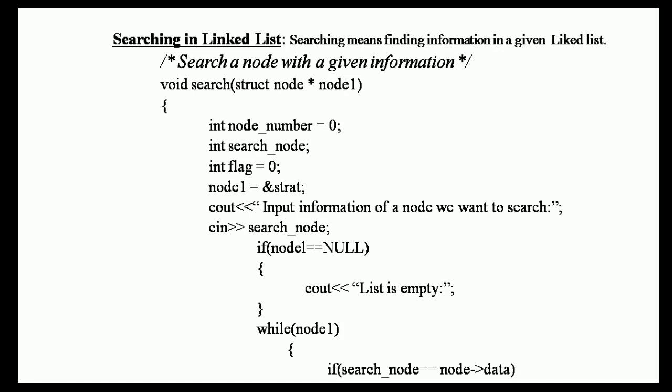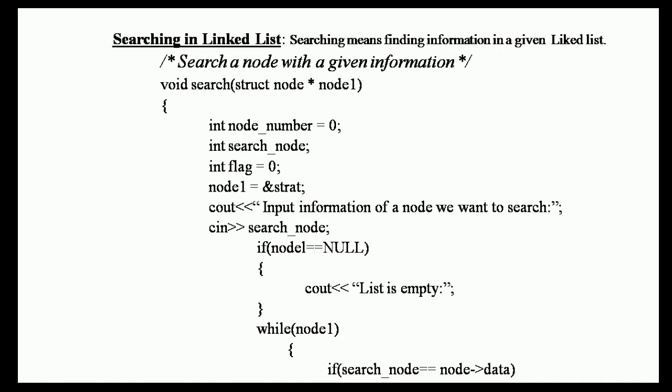struct node *node1 { int node_number = 0; int search_node; int flag = 0; node = address start; cout << input information of the node we want to search; cin >> search_node; if node not equal to null.